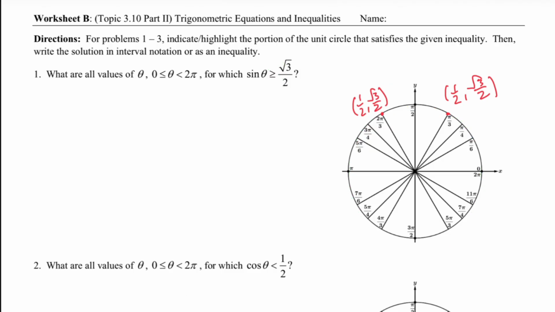We can use this y-axis here. Are the values bigger here or here? It's this, so it would be here. To write that in the form, it would be using a close bracket, pi over 3, our first value, to our second value, and then close bracket, because we do include that because of this sign right here.